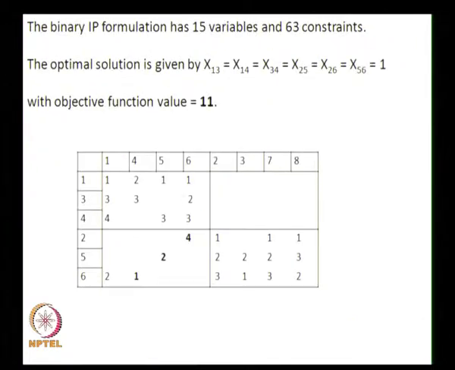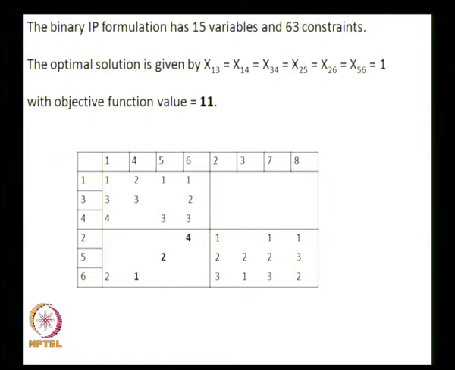So, there are 15 variables and 63 constraints, and when we solve this binary IP, we get the solution x13 equal to x34, x14 equal to x34, x25 equal to x26 equal to x56 equal to 1 with objective function 11. Now, keeping this solution, let us try and look at some of the aspects of this formulation.